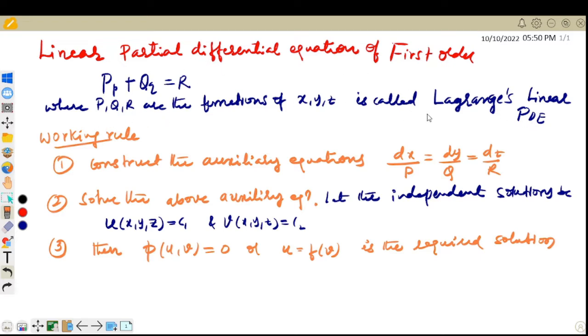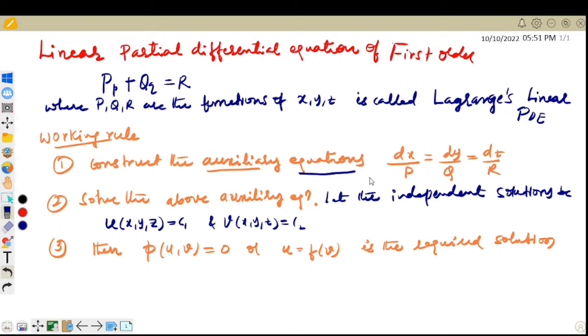How to solve Lagrange's linear partial differential equation? First, we are going to construct auxiliary equations or subsidiary equations, that is dx by capital P is equal to dy by capital Q is equal to dz by capital R, and we need to solve these equations by taking two ratios at a time.